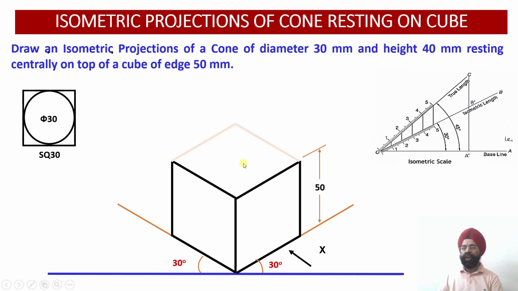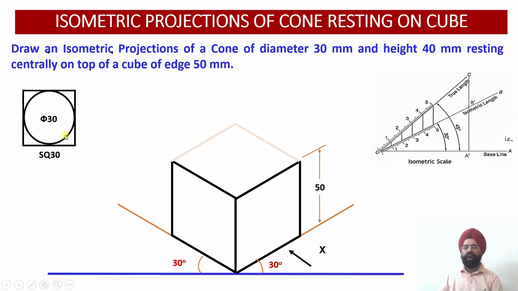Now how do I draw a cone on top of this? Once again, the center point will be located, and depending upon the diameter of this particular cone, I have to locate a square block on the top of this, as we had done in the previous problem. So we have to draw a cone having a radius of 15 millimeter, or a diameter of 30 millimeter, resting centrally on top of this particular cube.